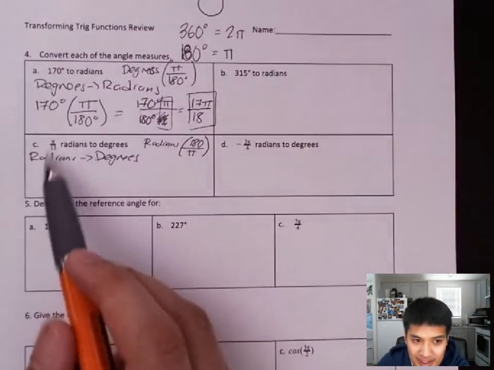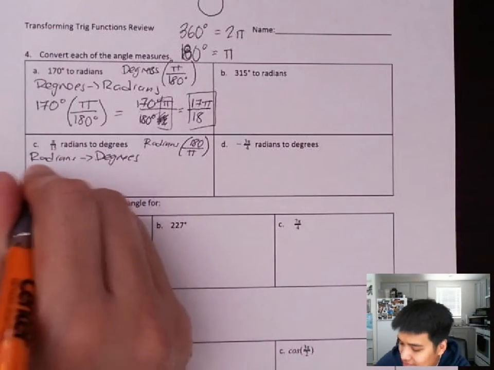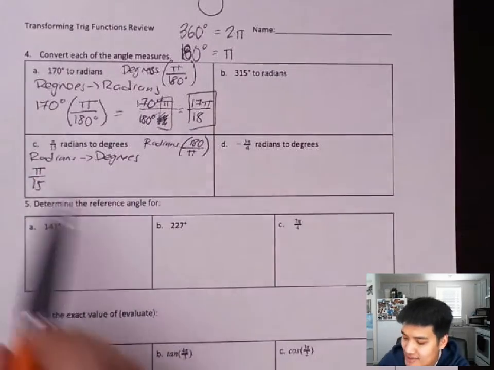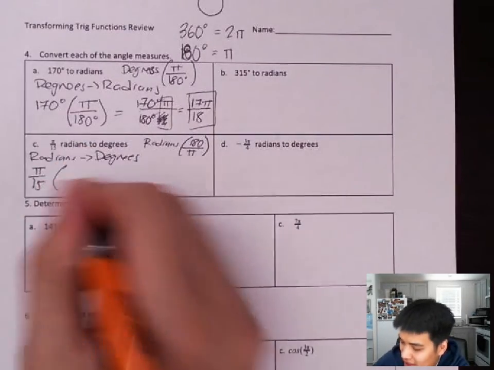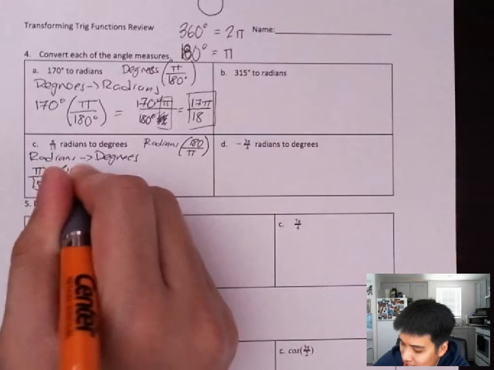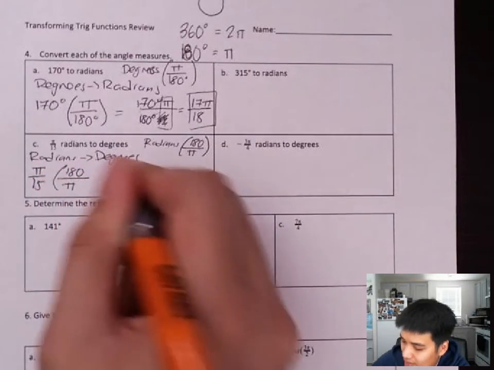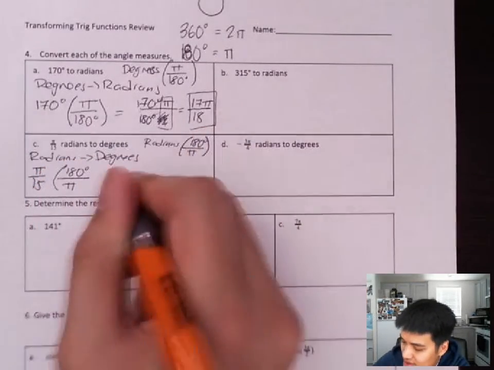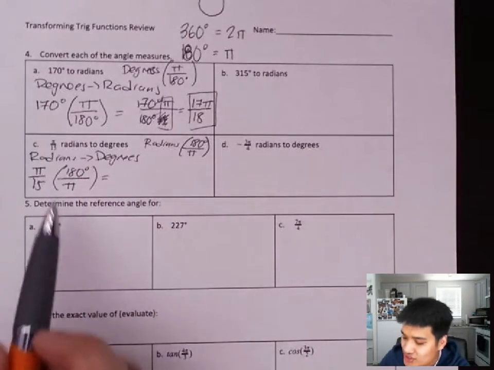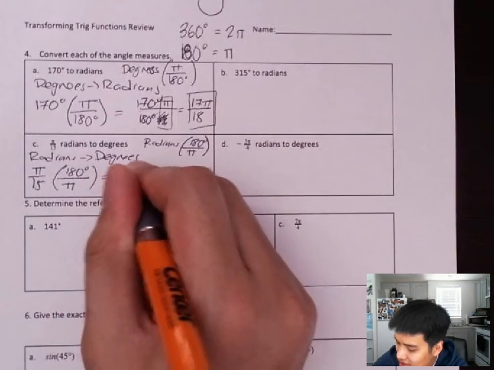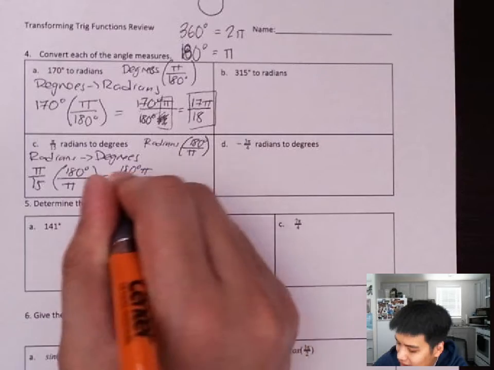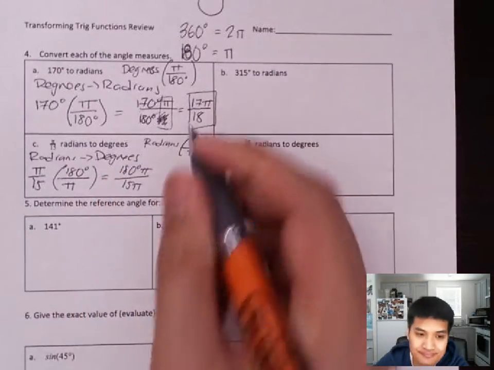So here I'm given pi over 15 in radians, and I want to multiply it by this right here, 180 degrees divided by pi.